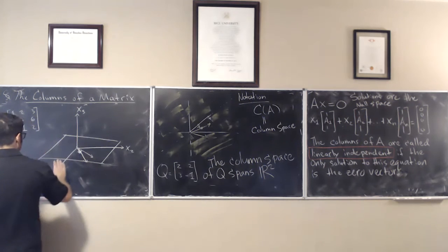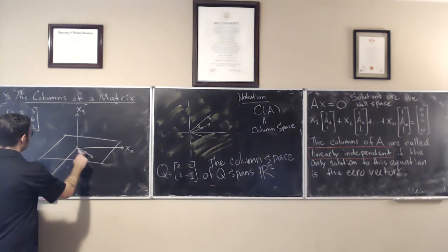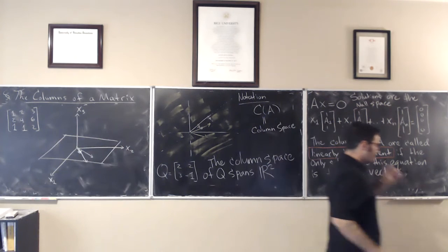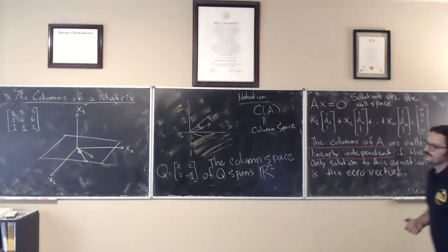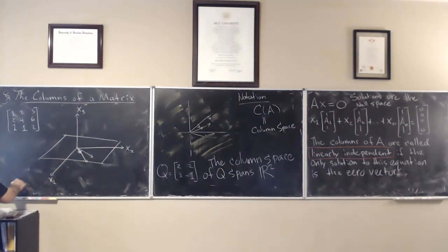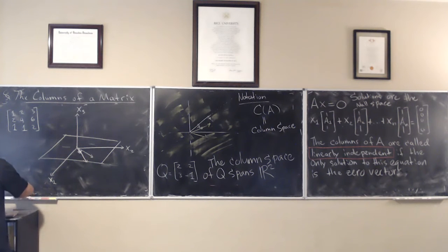It's hard to see, but there's a flat surface in here, and all of those vectors are on that flat surface, which means that any combination of them will also be somewhere on this surface.